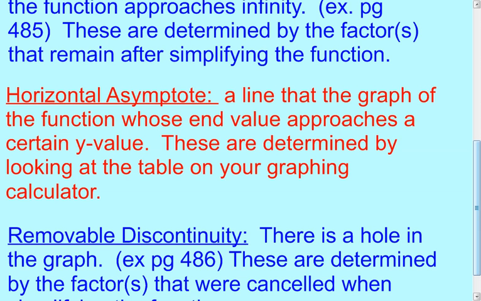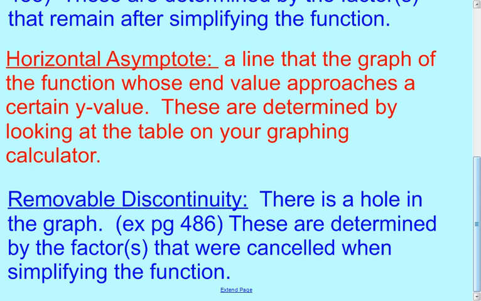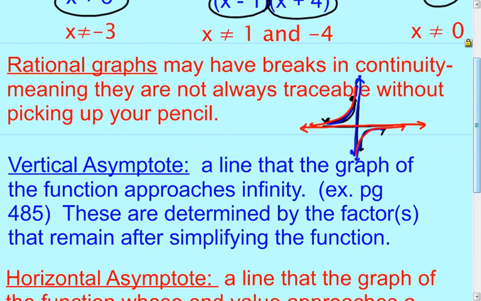Okay, and then there's points of what are called removable discontinuity, where there's literally a hole in the graph. You figure out those by factoring and then looking at whatever factors cancel. Whatever factors cancel give you the points of removable discontinuity. When you go to make the graph, which we aren't going to do in this video lesson, we will do it in the next one, there's literally a hole.